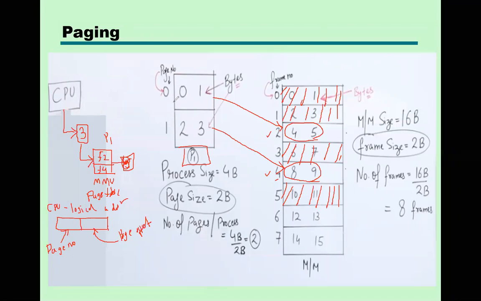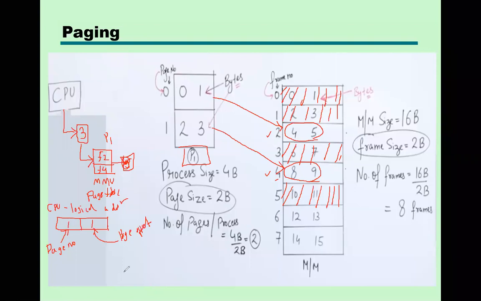So 0 and 1. Only two numbers are there, 0 and 1. So obviously 1 bit is sufficient to represent 0 and 1. And each page has 2 bytes of data, so again it is 0 and 1. So 1 bit is sufficient to represent 2 bytes of data.